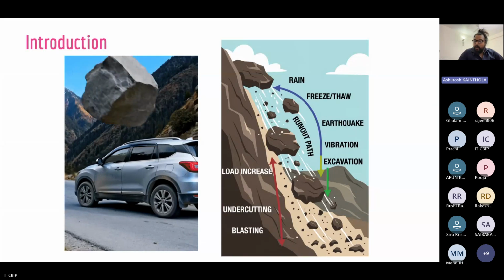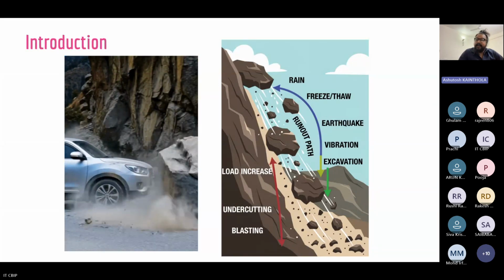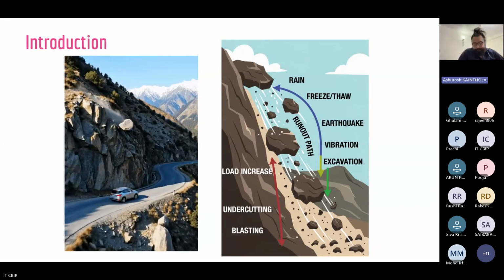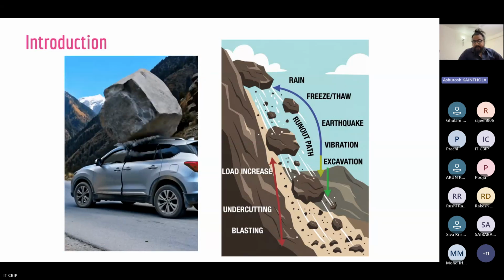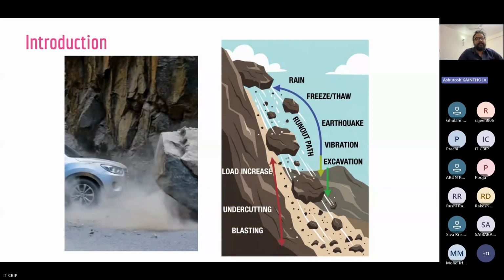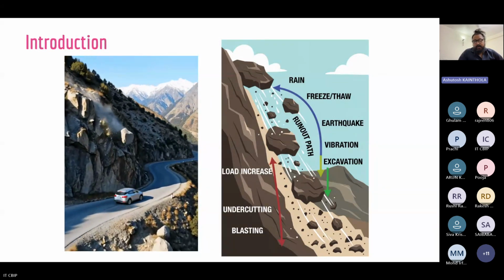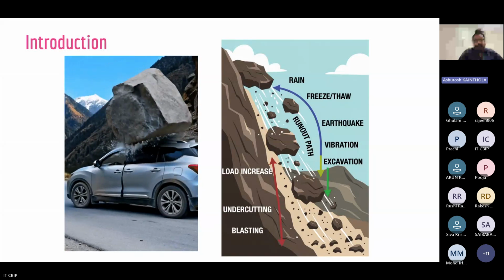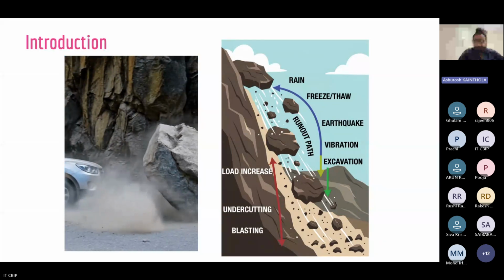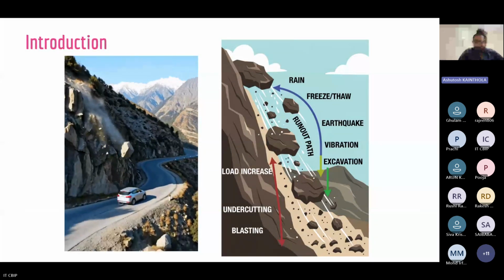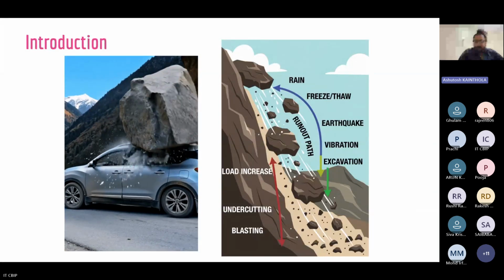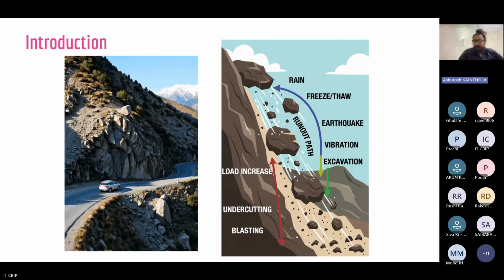Rock falls are a peculiar type of slope failure because they take place in competent rocks. For other slope failures, the general conception is that the rock, soil, earth or debris has to be weak, and then the slope will collapse. But for rock falls, you need two prerequisites.